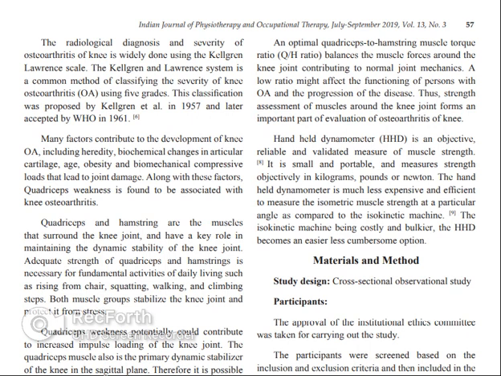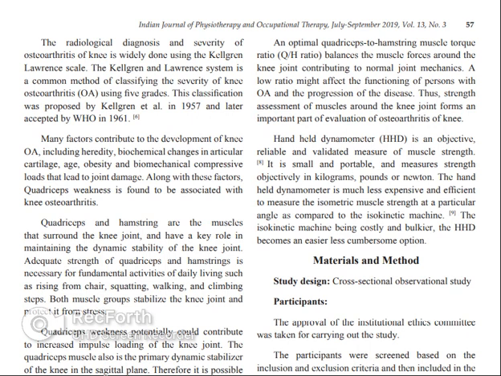Many factors contribute to the development of knee OA, including heredity, biochemical changes in articular cartilage, age, obesity, and biomechanical compressive loads that lead to joint damage. Along with these factors, quadriceps weakness is found to be associated with knee osteoarthritis.